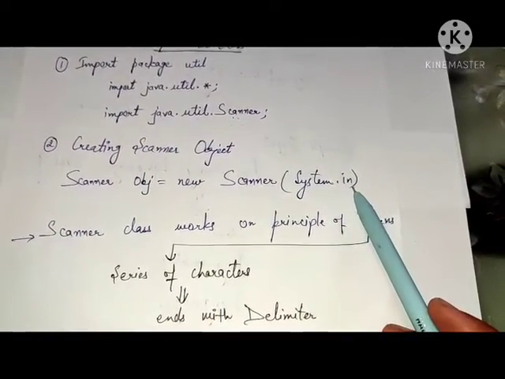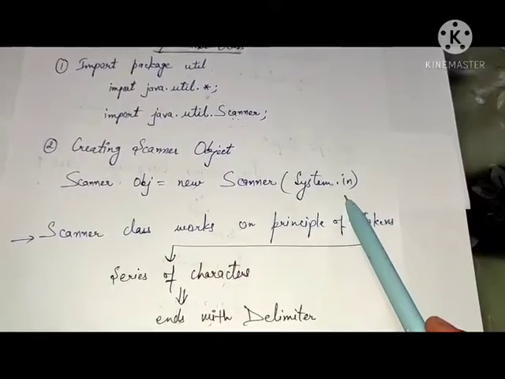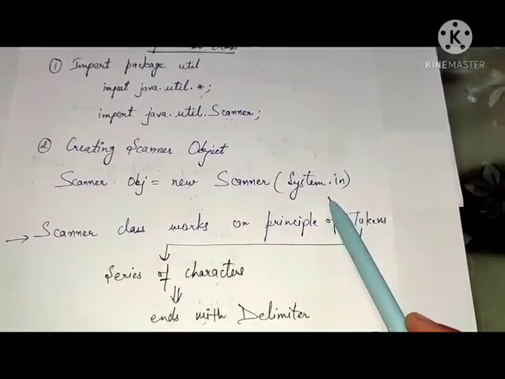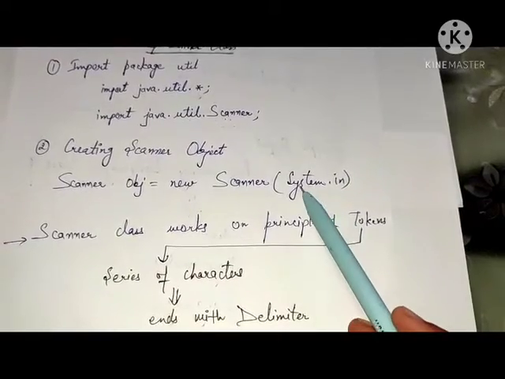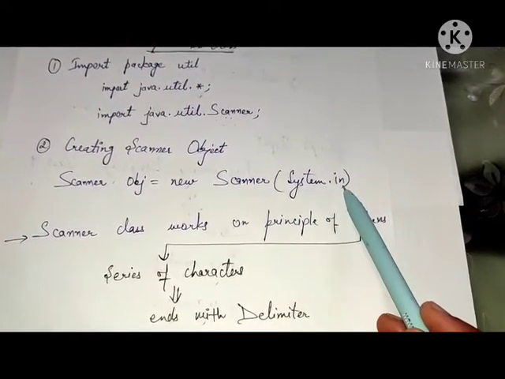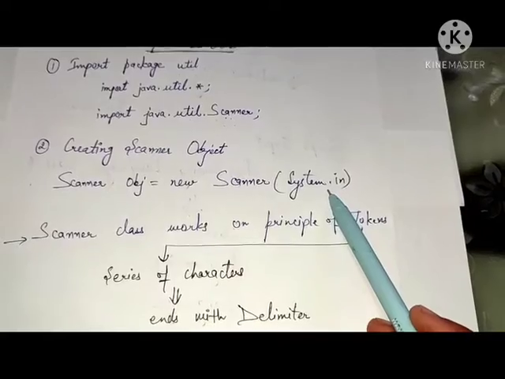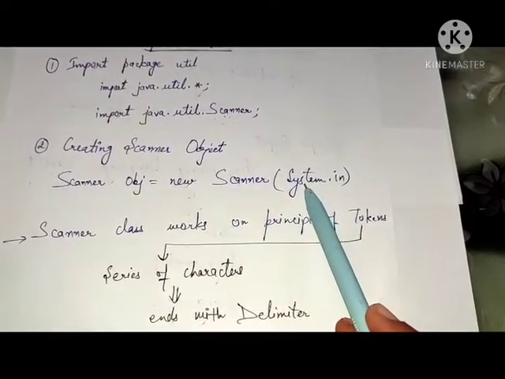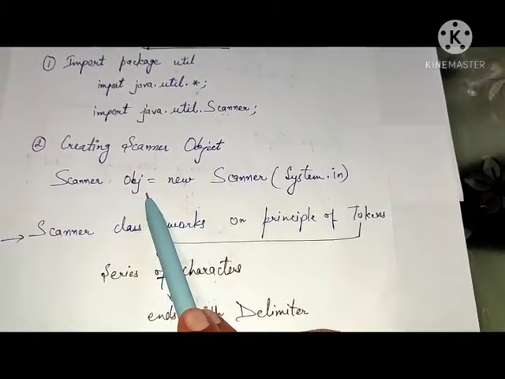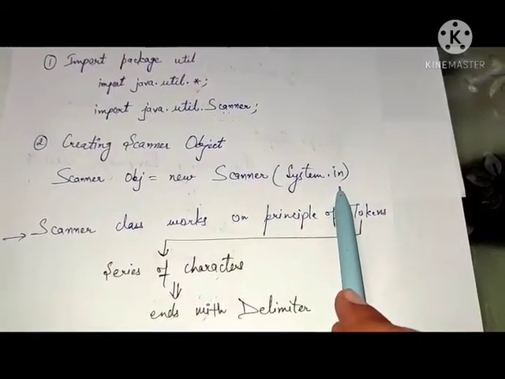Why do we use System.in? It allows the constructor to receive the data from the keyboard. To connect with the keyboard device, we have to write System.in. Whenever we type from the keyboard, that input is taken by the obj object through System.in.